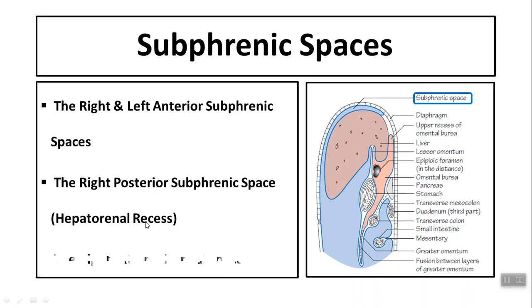Also, as we said before, we have the right extraperitoneal space that lies in between the bare area of the liver and the diaphragm. We call it extraperitoneal because it is devoid of peritoneum.